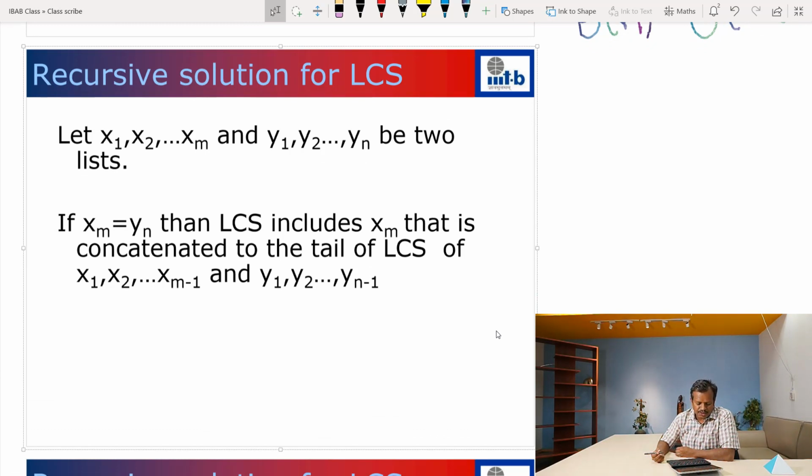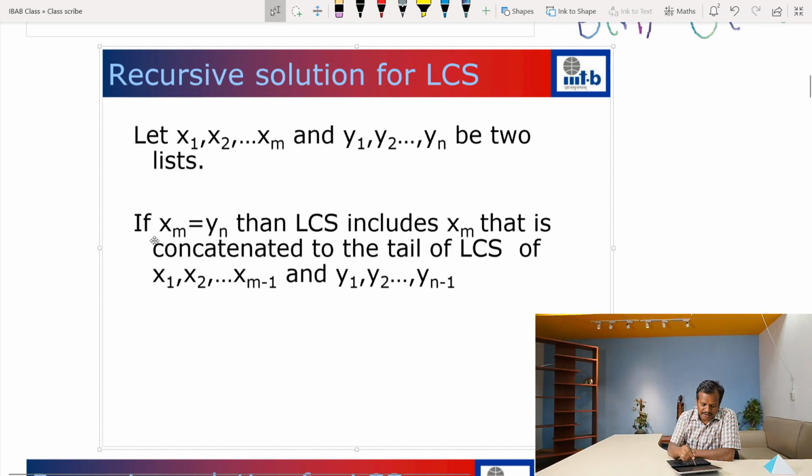So you are given two strings. The first string has length m, and the second string has length n. So we ask the question, if x of m is equal to y of n, that is the last characters of the two strings are the same, then what we can do is find the longest common subsequence excluding these two characters, right?